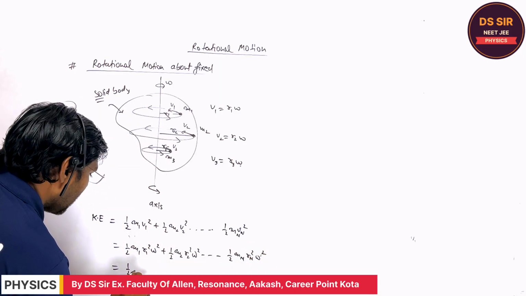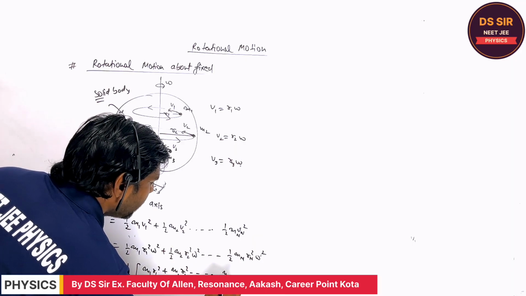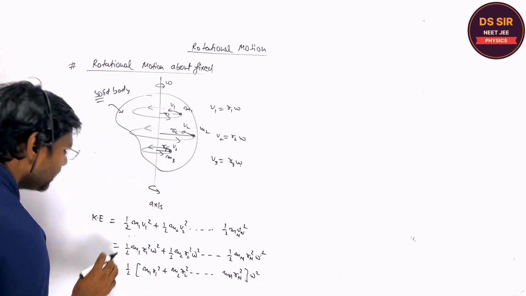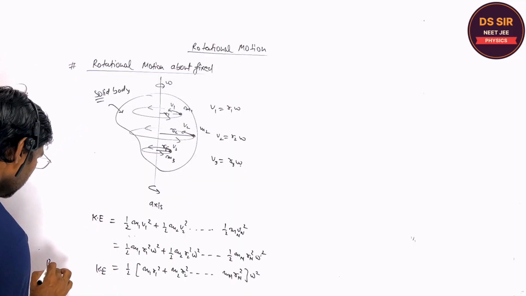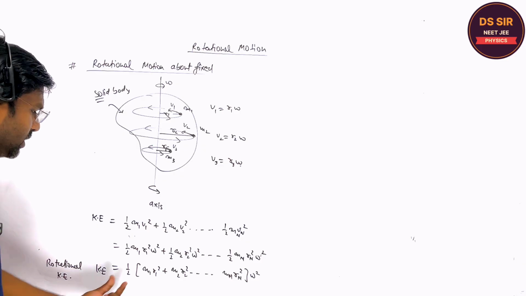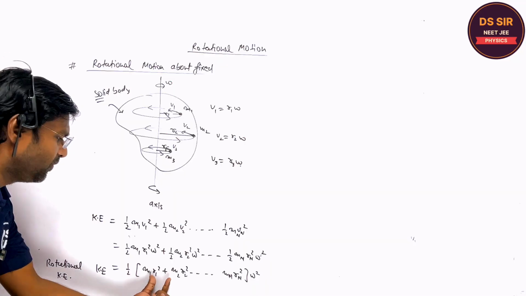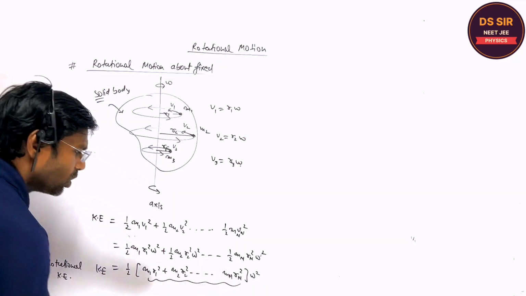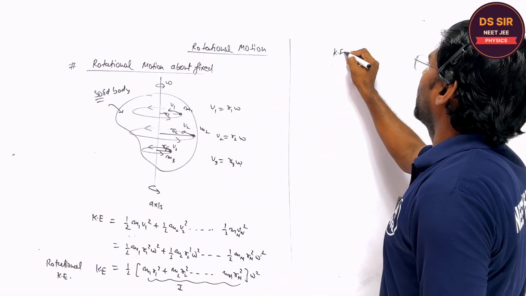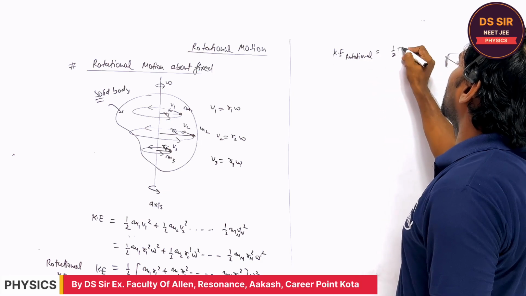This is the rotational kinetic energy. If we assume this sum is a constant I, then the rotational kinetic energy is half I omega square.